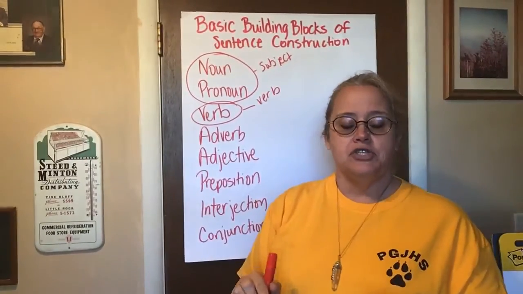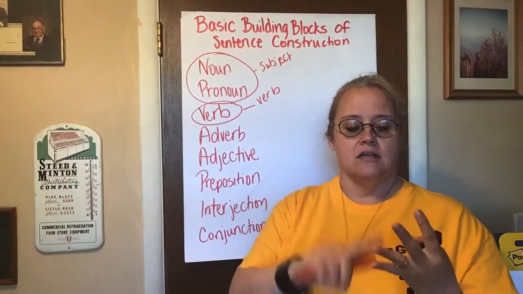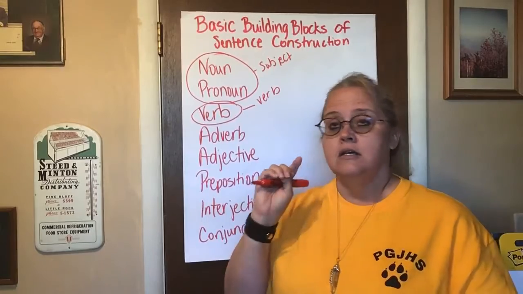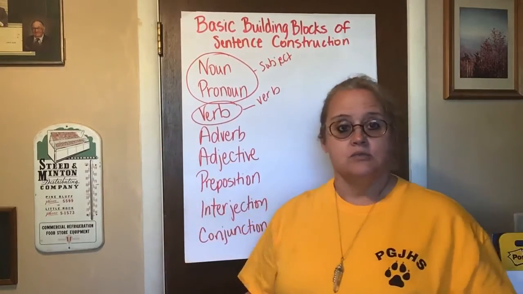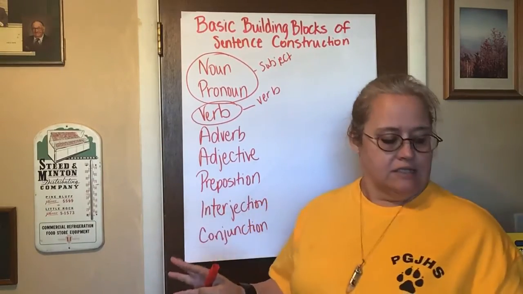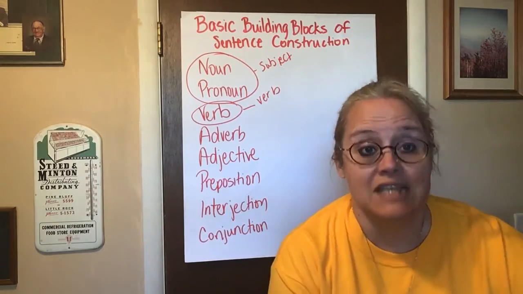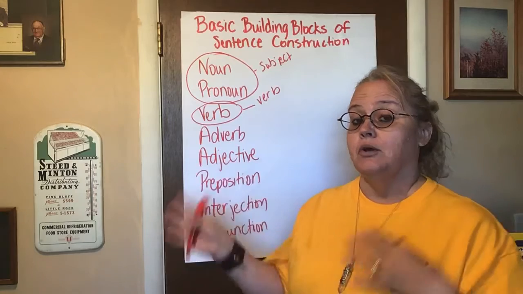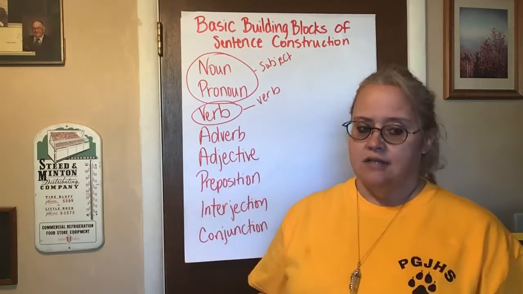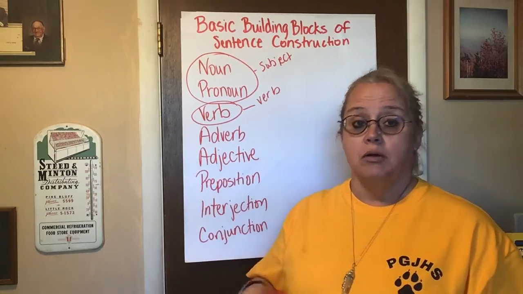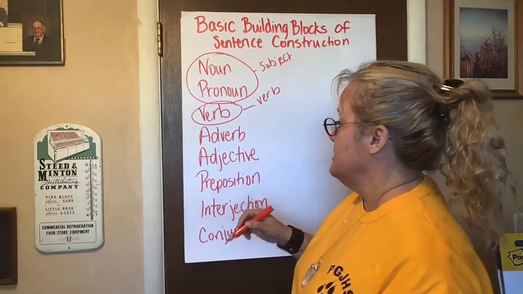You have to have those two. Doesn't matter if it's a simple sentence, a compound sentence, complex sentence, compound complex sentence, whatever it is. The rest of this stuff is just some of it's extra, and I'll show you in just a second which one is not extra, especially when you're trying to come up with these other kinds of sentences.